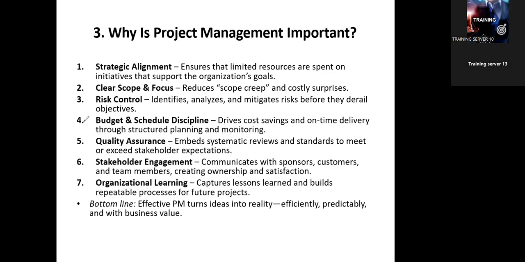So this is very important if we are talking about project management. Project management is very important for our strategic work, and also to have a clear scope and to minimize the cost and maximize the benefits.